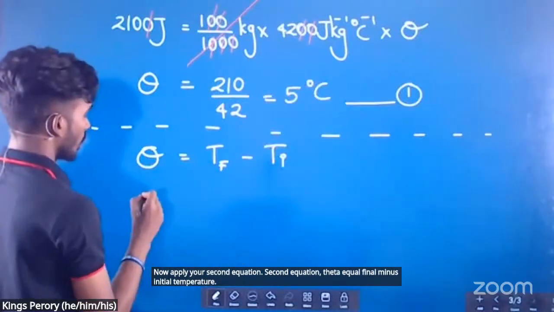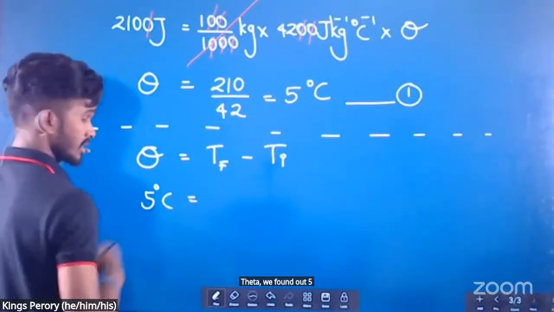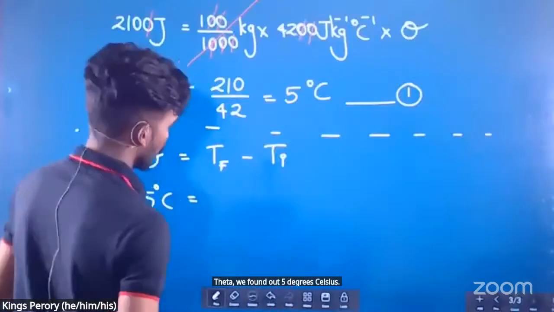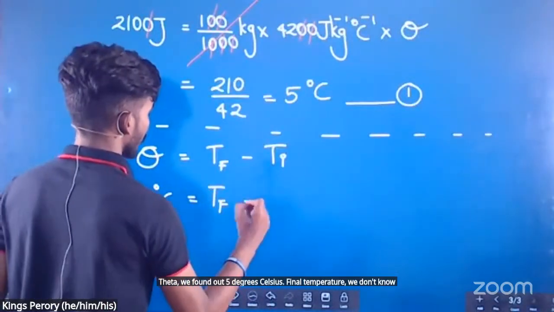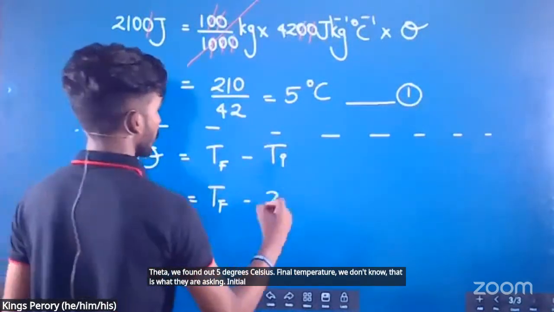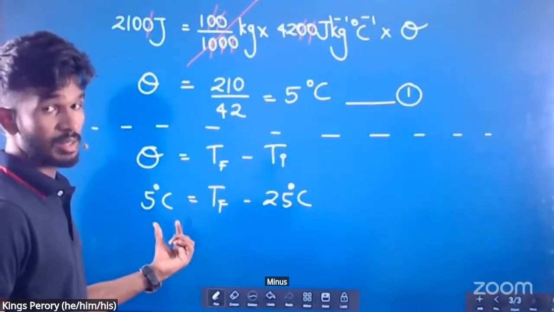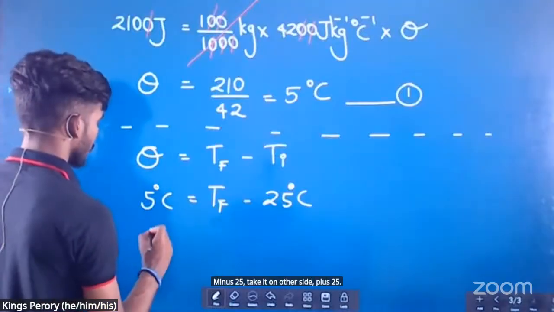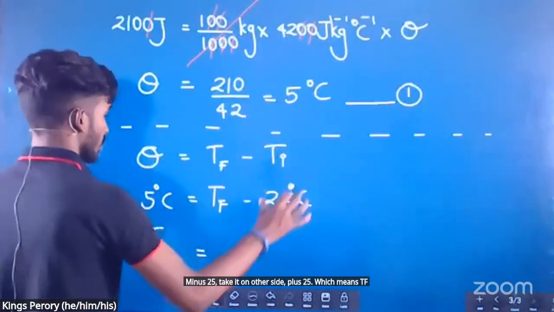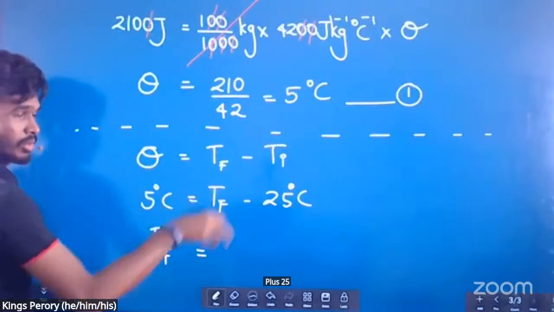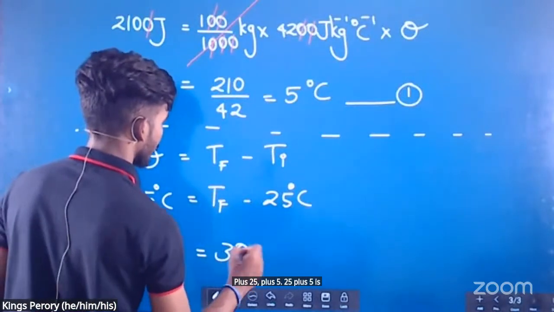Theta we found is 5 degrees Celsius. Final temperature we don't know, that is what they are asking. Initial temperature is given, 25 degrees Celsius. Minus 25, take it to the other side, plus 25. So Tf is equal to 25 plus 5, which is 30 degrees Celsius.